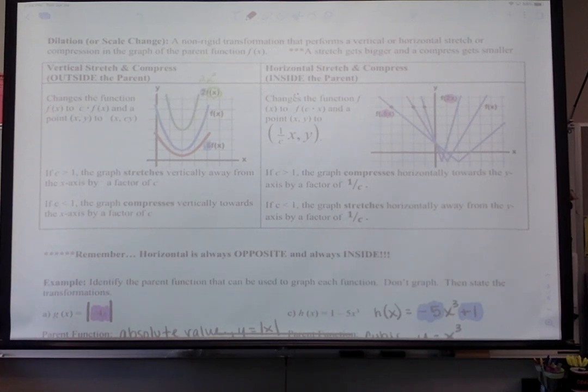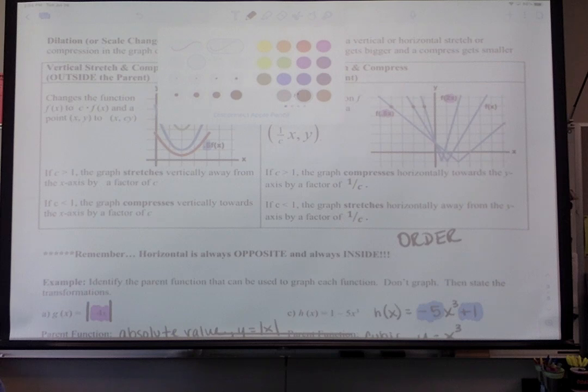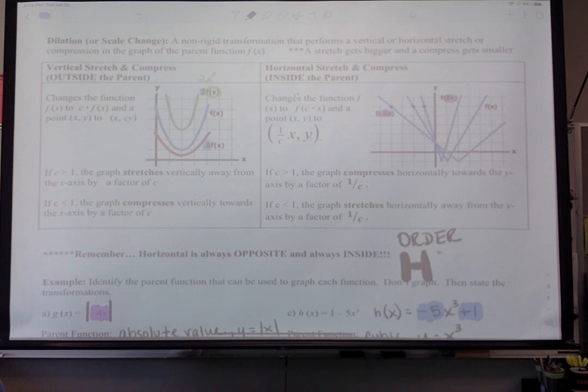So the acronym that I'm going to show you for the order is horizontal, then vertical, left to right.